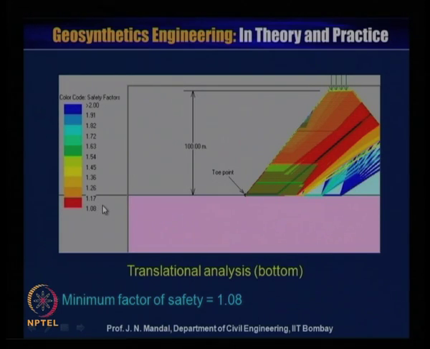So, we have checked the slip, and we have also checked the translation analysis for both the static case as well as the seismic case, and we find that it satisfies the desired factor of safety. So, this way this design has been made.